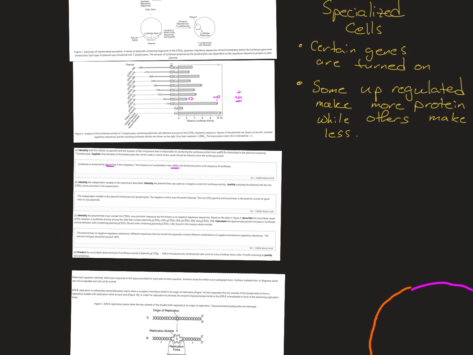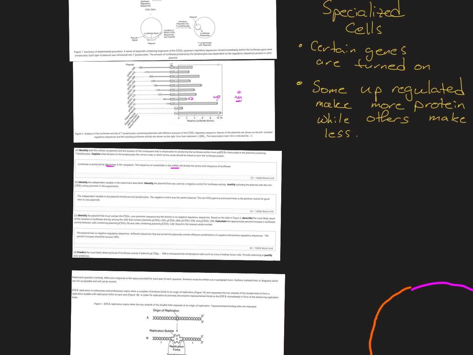Straightforward answer. Identify the independent variable in the experiment described. There's two things that are changing, right? You have how much luciferase you're making, how bright the light is, and then you have how much of the regulatory sequence you added. So how much regulatory sequence you add is the independent variable, and how much light is produced, or how much activity there is, is the dependent variable.